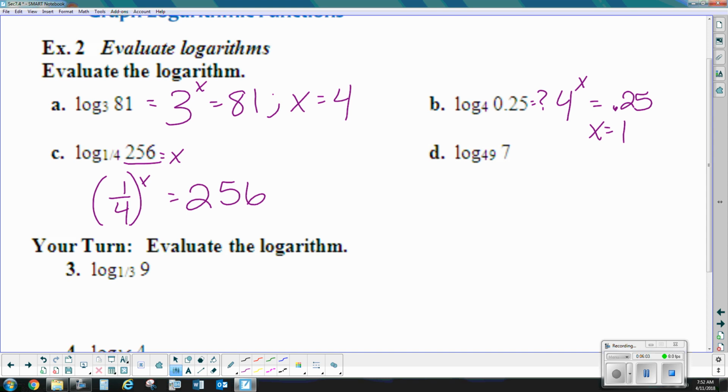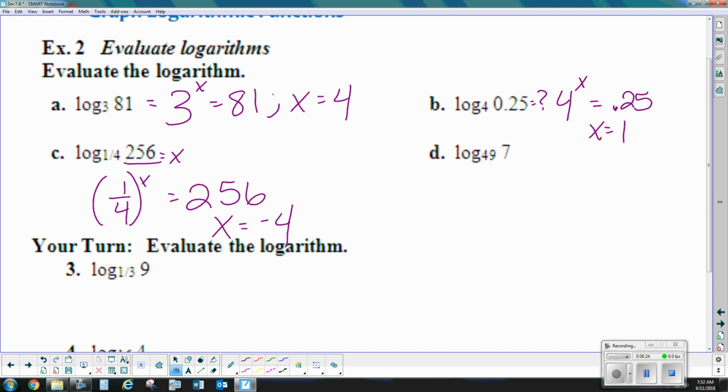So we're really looking for 4 to what power is 256, and then we're going to take the opposite of that. So 4 to the 4th power is 256, therefore x has to be negative. Again, applying the rules of your exponents.